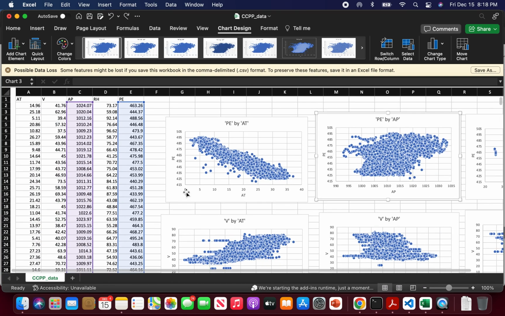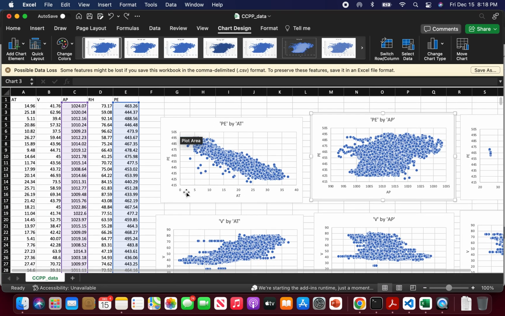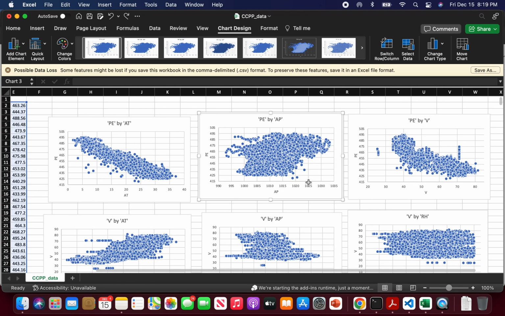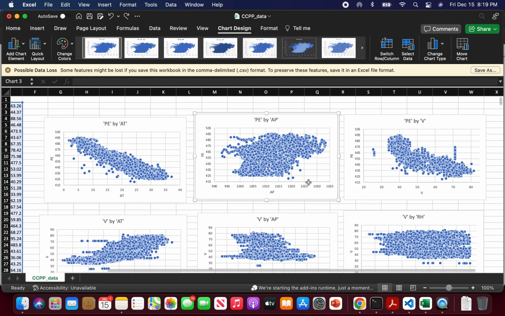So I first started by examining the data and plotting all the features against the target value, PE. I noticed from the start that V and AT had strong correlated relationships against PE.